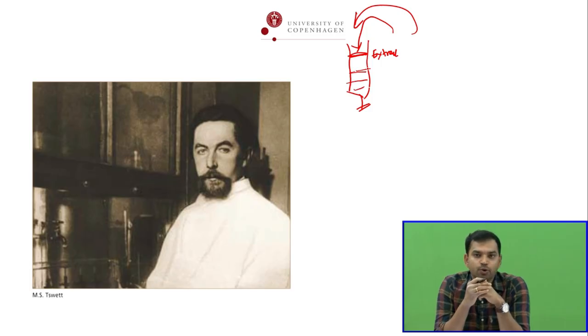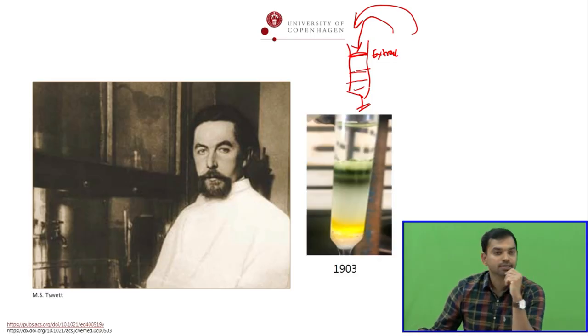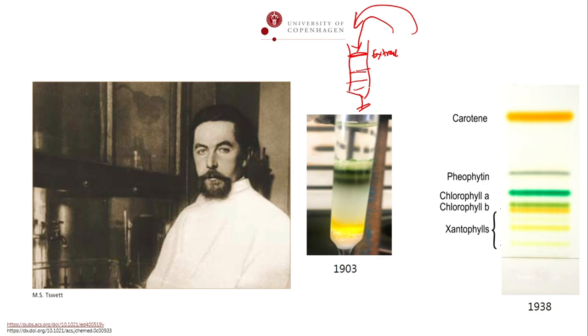Then he realized it's not just green; the extract contains many other components. He could see orange, green, yellowish, and lots of different colors. Later we realized that these are different components present in the leaf.